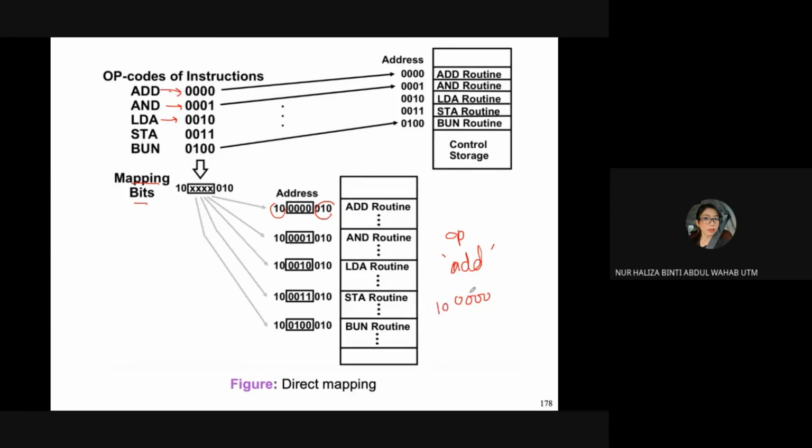You just put it in like this. So this is what you add inside. Similarly for your add routine, you just put 0000 and 001 until the end, depending on your opcode instruction. This is direct mapping.